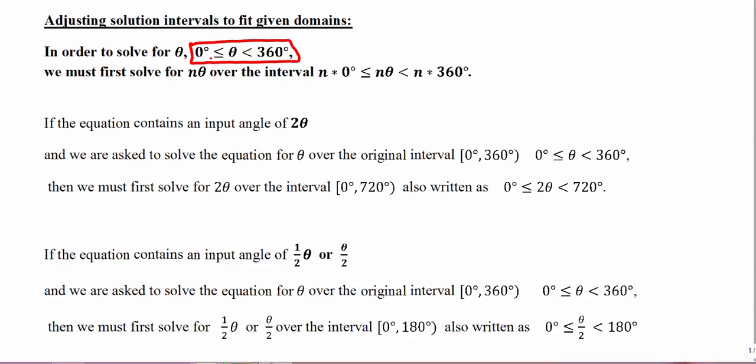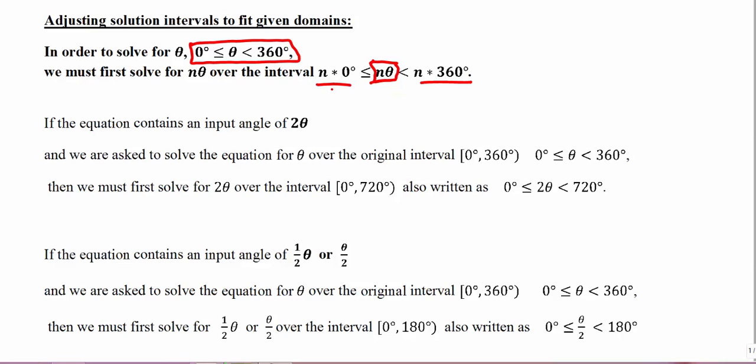Less than or equal to means 0 is an allowed value for theta, and 360 itself is not an allowed value for theta. But in order to solve for theta between the given interval, we would have to first solve for n theta between an adjusted interval. So basically we multiply everything through by n. Then we have n theta between two particular values, and we first solve for n theta between those two particular values.